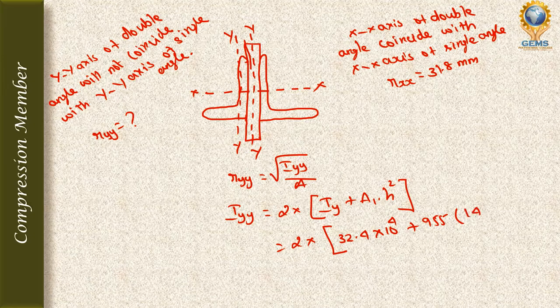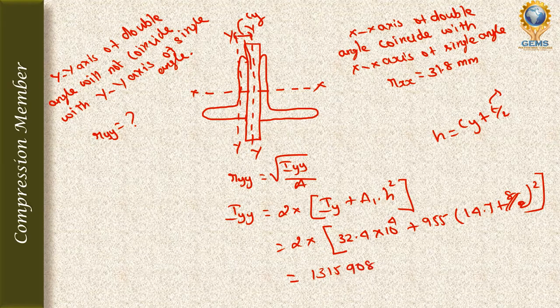Here H is equal to CY, this is the CY distance, plus T by 2, where T is the thickness of the gusset plate. So 8 by 2 whole square. So this value is 1315908 mm power 4. So this is our IYY value.